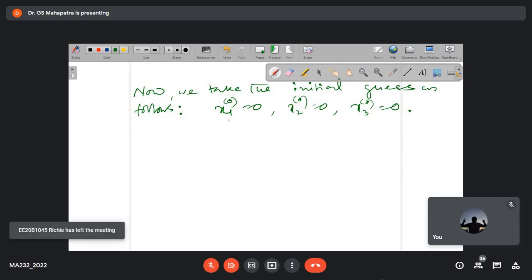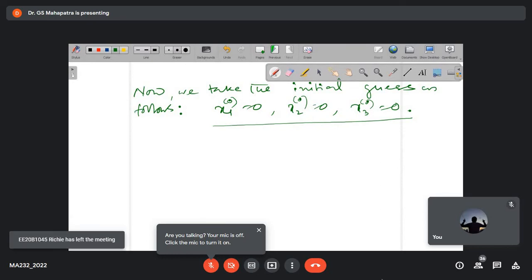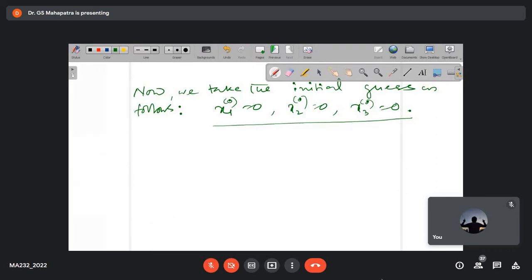But here, even if you consider a little bit away from the original solution, it will still converge fast. You can choose different values also, as per your choice. Now the first iteration.